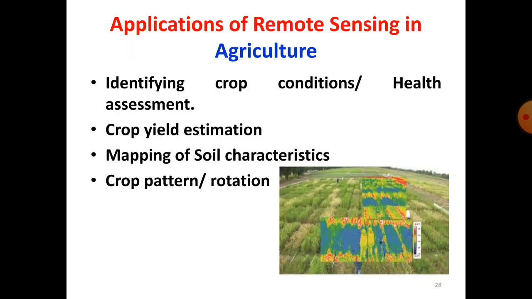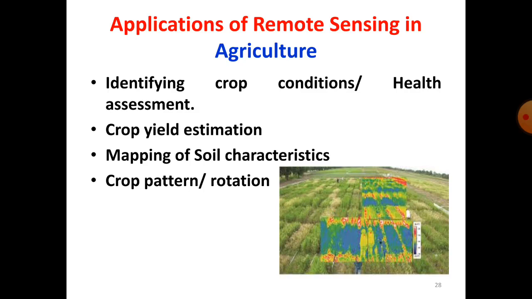The next field in which remote sensing finds its applications is agriculture. A widely used technology in agriculture is remote sensing, because we can easily identify the conditions of the crops. The health assessment of the crops can be done.